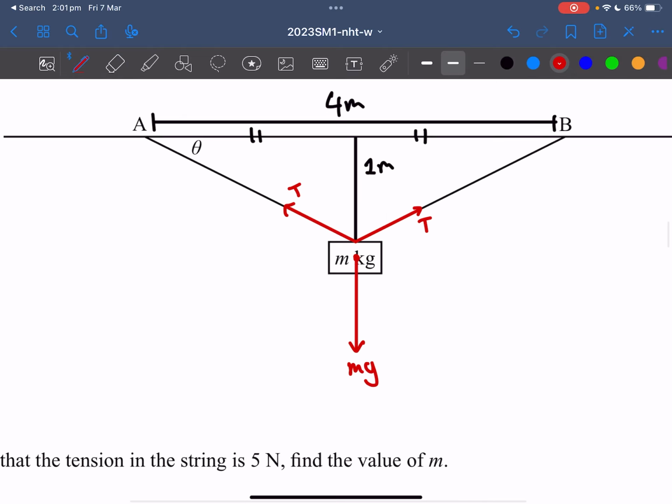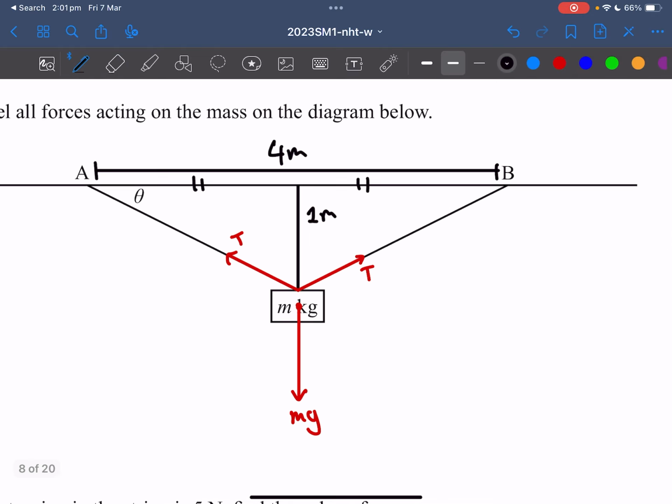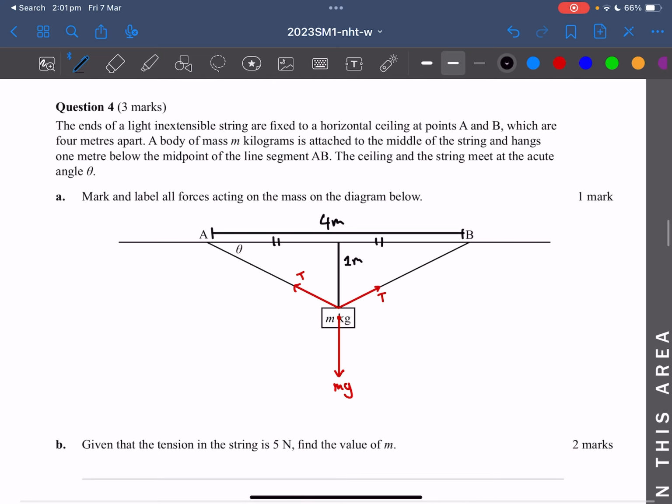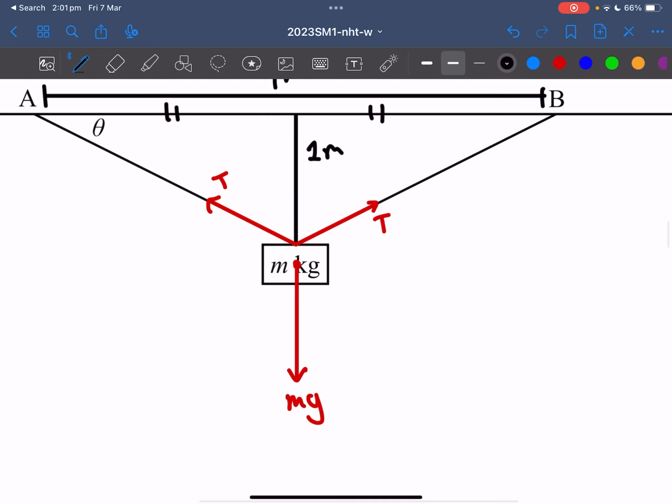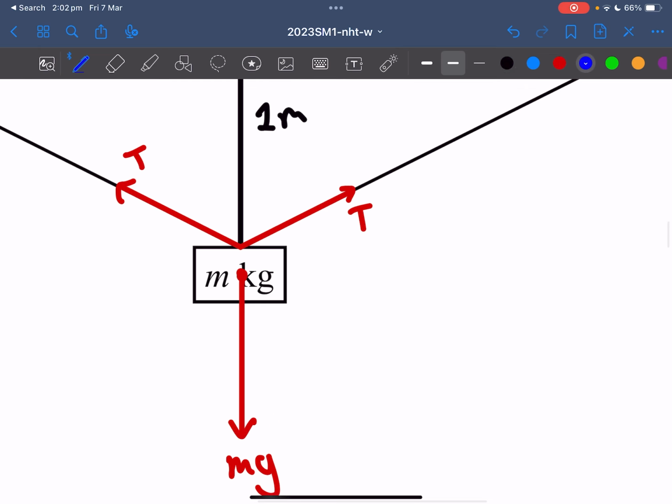Okay, so as you can see here from this picture, we can see that there is one y direction force and 2 tensions, right? So if this was to be in equilibrium, then the vertical component of tension, because this tension over here is divided into a horizontal and a vertical component, same as this one over here.